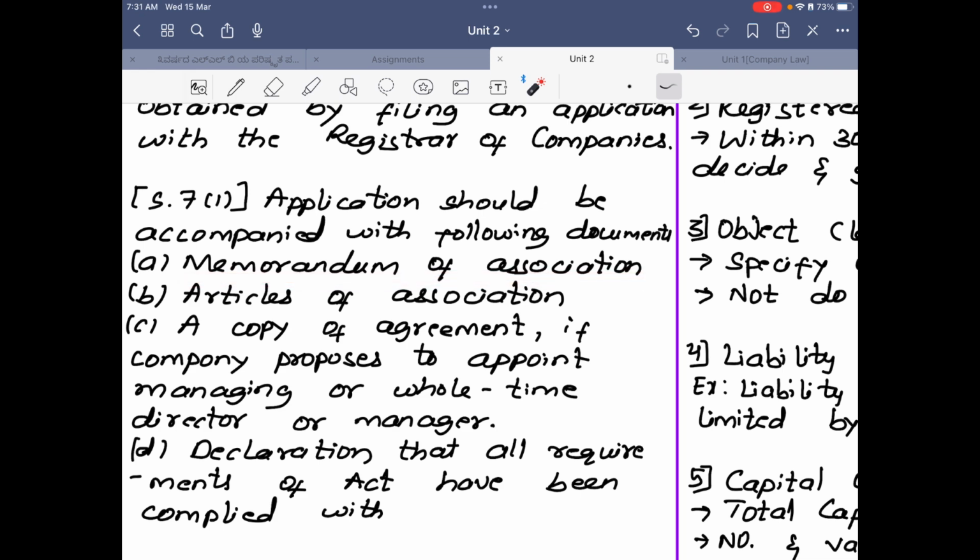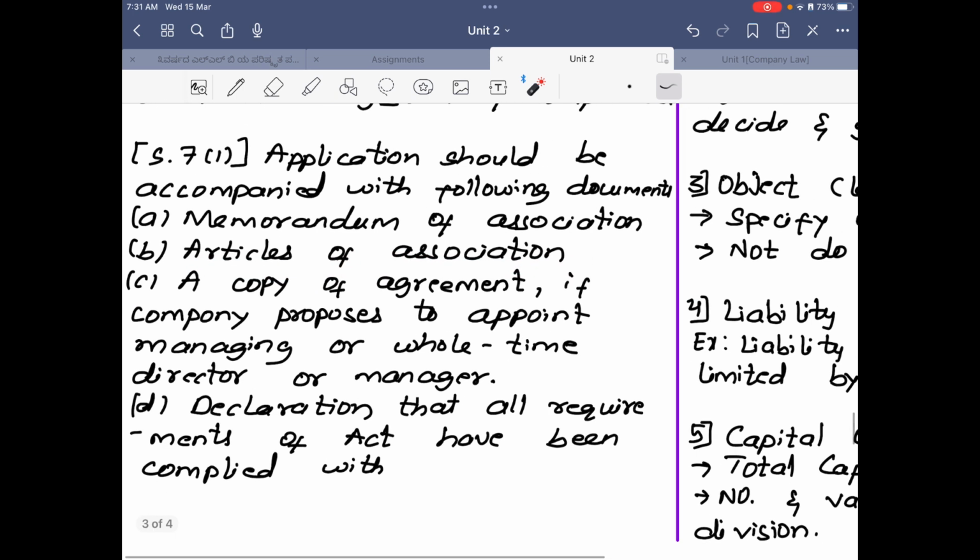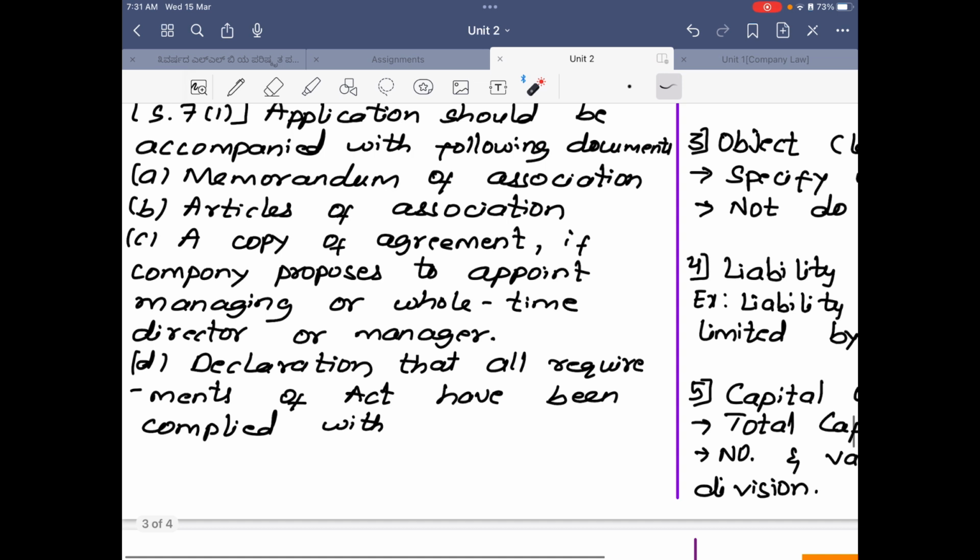Then articles of association. Then a copy of agreement: if a company proposes to appoint a managing or whole-time director or a manager before starting, they will have to attach a copy of the agreement with that manager or director while filing with the registrar.